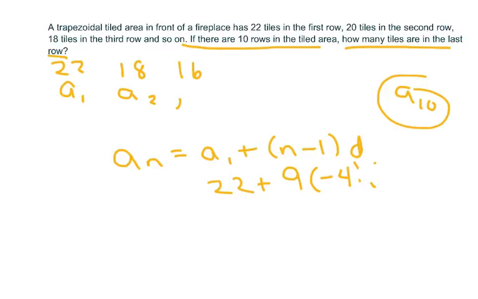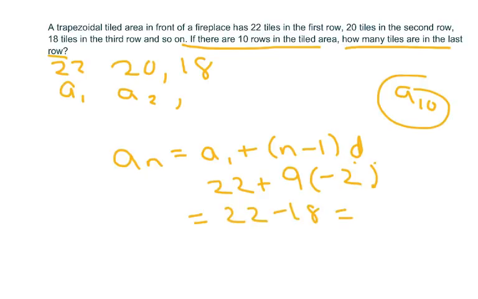Sorry about that. So 9 times negative 2. I think I wrote this down wrong. So this is 20 and this is 18. All right. So what you get is 22 minus 18 equals 4. That's what I was thinking of. All right. So the last row is only going to have 4 tiles.